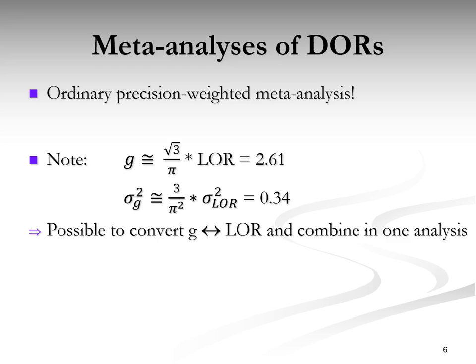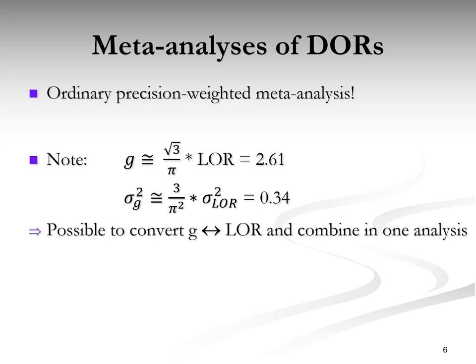You can also, if in some of the studies odds ratios are calculated, but in other studies you have standardized mean differences, we have seen that you can convert log odds ratios to standardized mean differences using this formula. So the standardized mean difference is equal to the log odds ratio multiplied by the square root of 3 divided by pi.